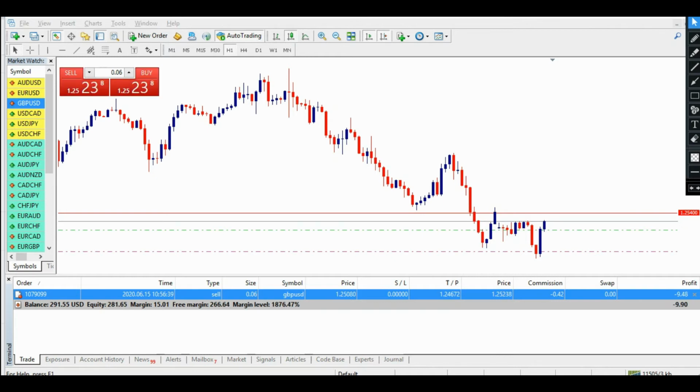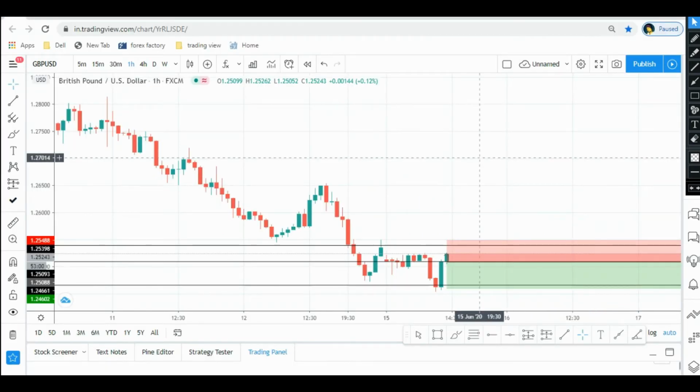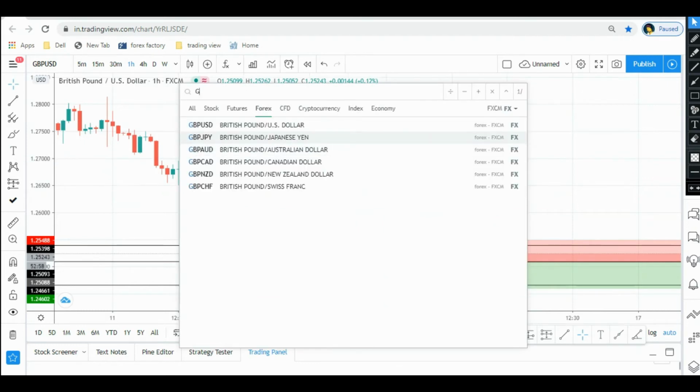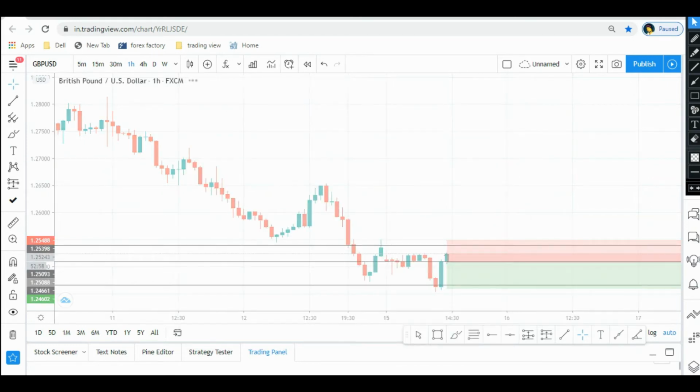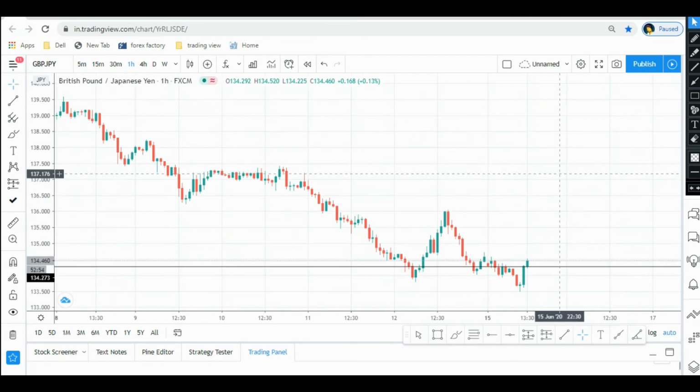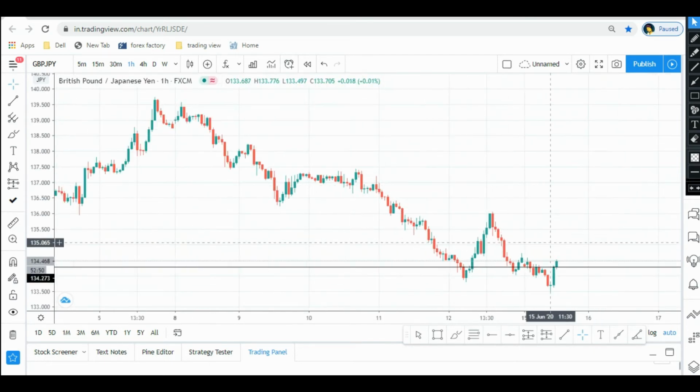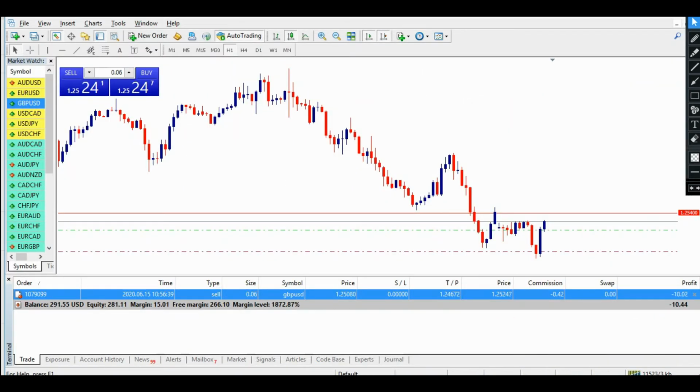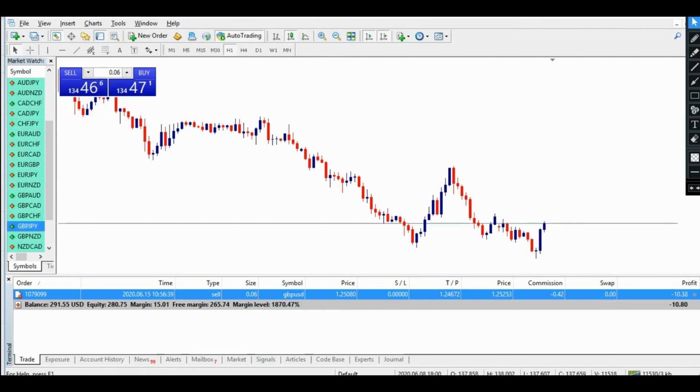So let me find another pair, another trade in front of you. If I can't find one, I will simply pause the video. So GBP JPY is also a very good opportunity to place a sell order. Let me make it very quickly. GBP JPY, I placed a sell.